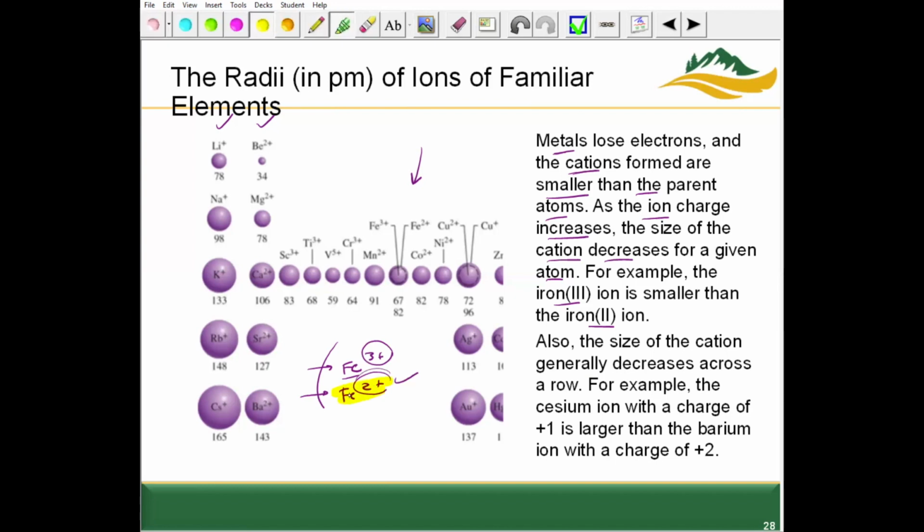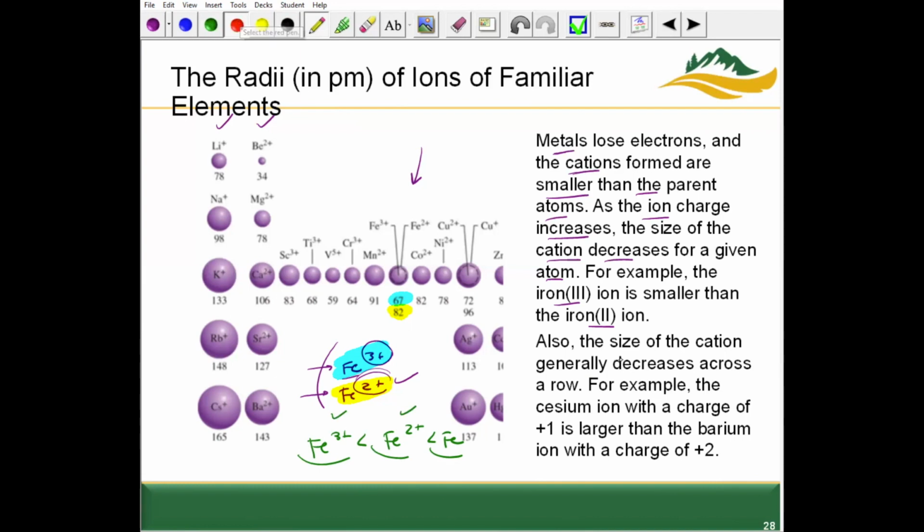When we lose 2 electrons, it's going to be a smaller atom. But when it loses an additional electron, so 3 electrons in total, those remaining electrons can be pulled in even tighter. So neutral iron is larger than iron 2 plus, which is a little bit larger than iron 3 plus, which has 3 fewer electrons versus 2 fewer electrons.